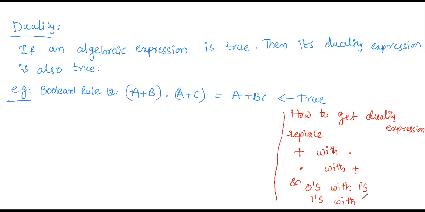You can get the duality of an algebraic expression by replacing plus with product, product with plus, zeros with ones, ones with zeros.